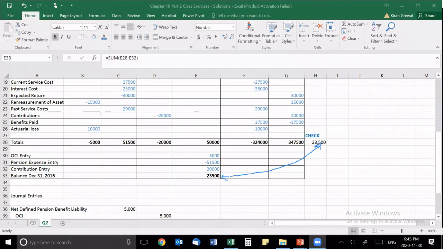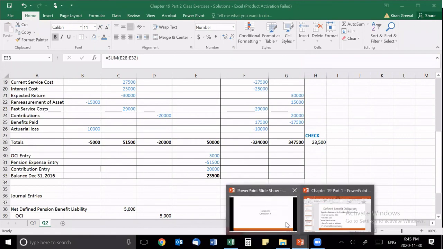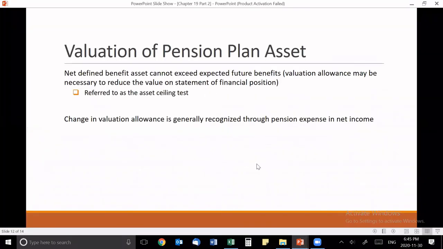All right. The one last thing I just want to quickly talk about is the other post-retirement benefits. So we've been talking about pensions. Just one more thing about pensions is the valuation of the pension plan asset. Usually what happens in most companies is that you have a net defined benefit liability. So usually companies' pensions are underfunded rather than overfunded.